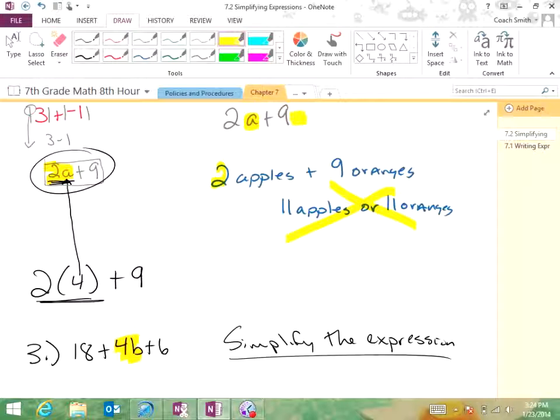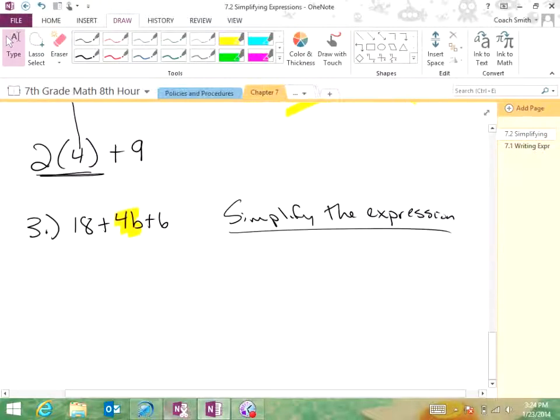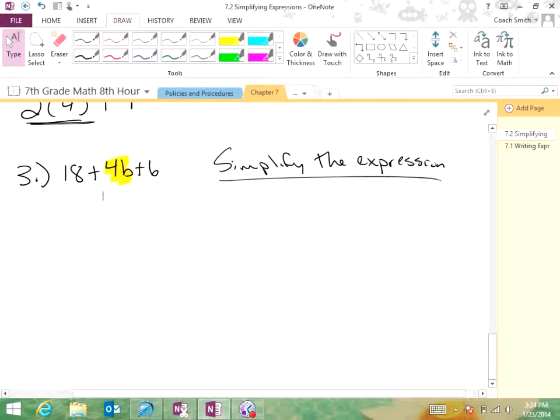So now you just totally threw that out the window and said, oh, I can do anything I want to with it. I'm just going to combine it all. I've got 18 oranges, 4 bananas, and 6 apples, and I'm going to say I got 4 bananas. No, you're not. So how can you do it now? You can't. Okay? What are the like terms in this problem?